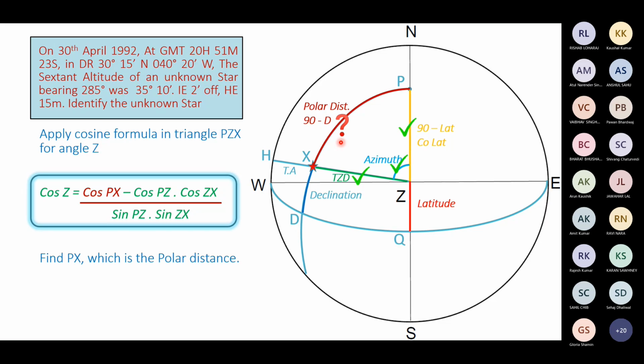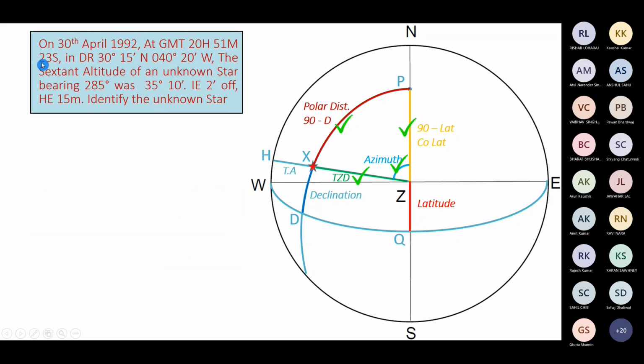And as soon as the polar distance is obtained, we know polar distance is 90 minus declination. So as soon as you obtain the polar distance of the body, 90 minus polar distance is going to give you the declination of the star. So you can see very easily here with a single application of the cosine formula, we have obtained the declination of the star.